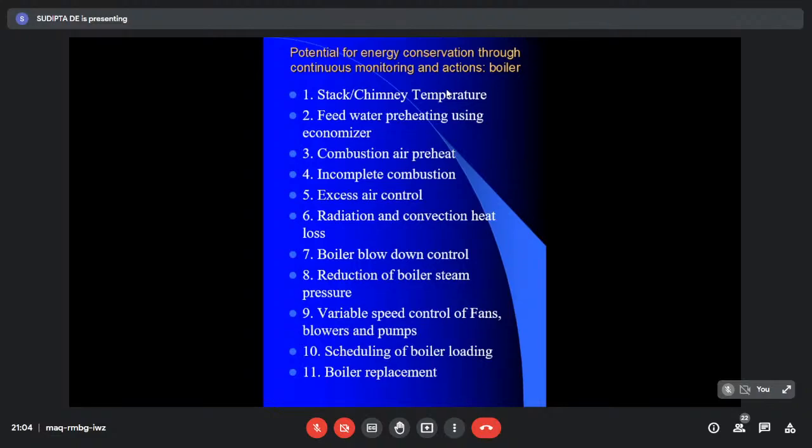It needs heavy insulation on the outside surface of the boiler.